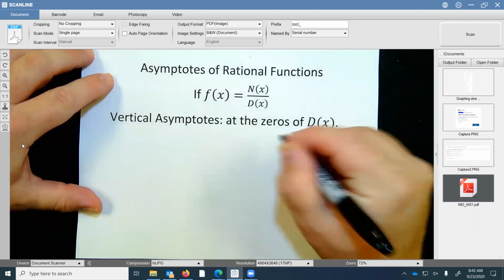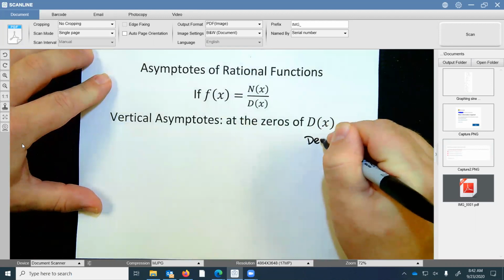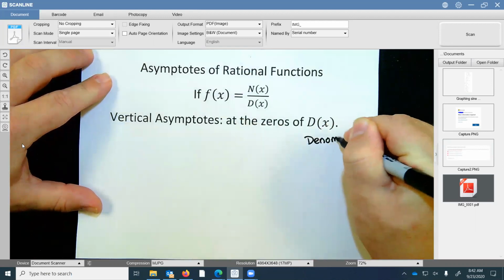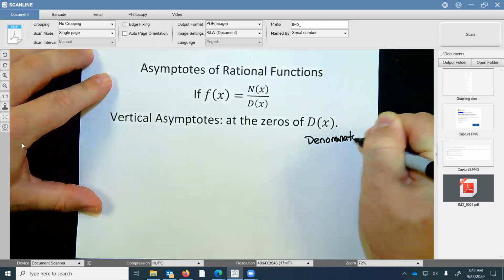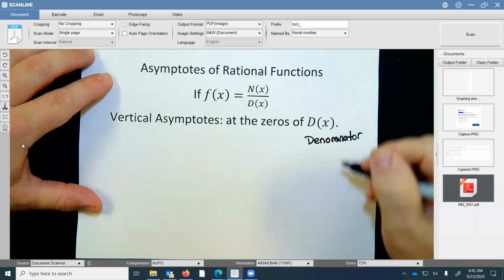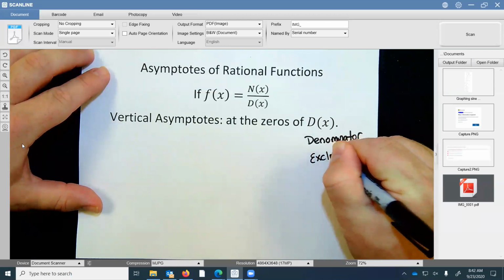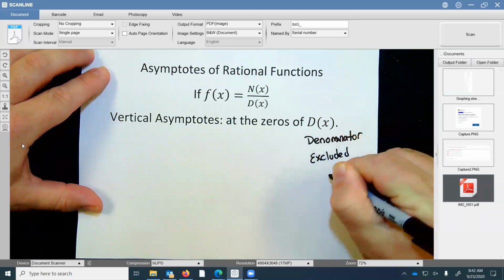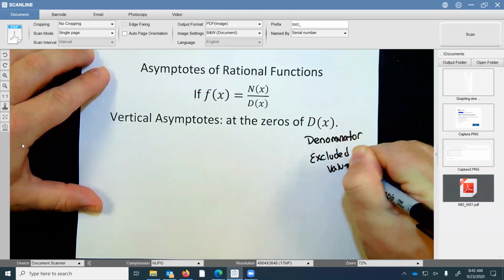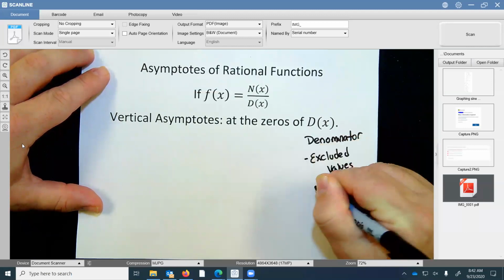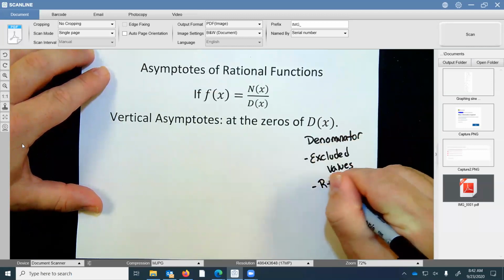So this is at the zeros of the denominator. The zeros of the denominator, remember, are what we call our excluded values, or we also call them restrictions on the domain.